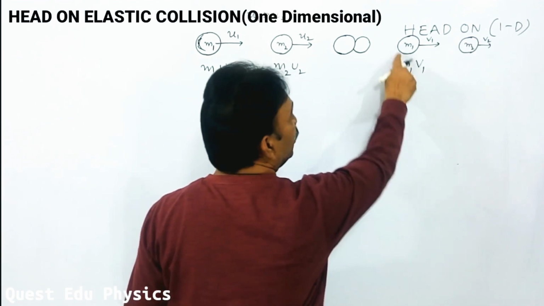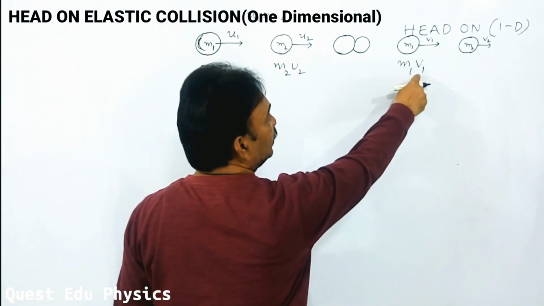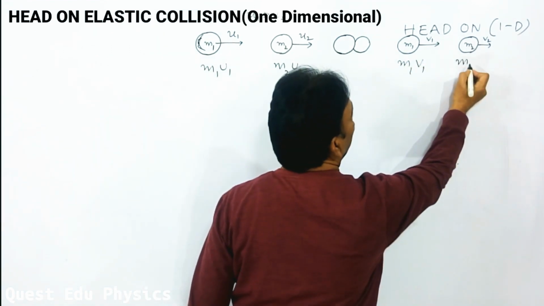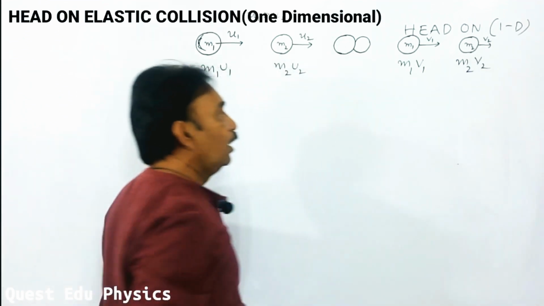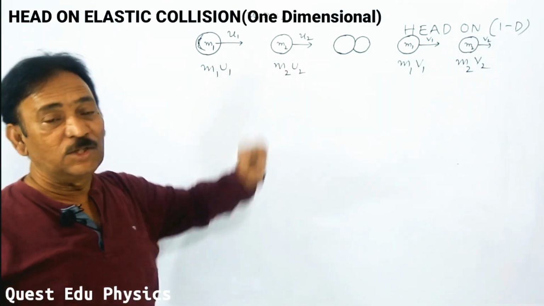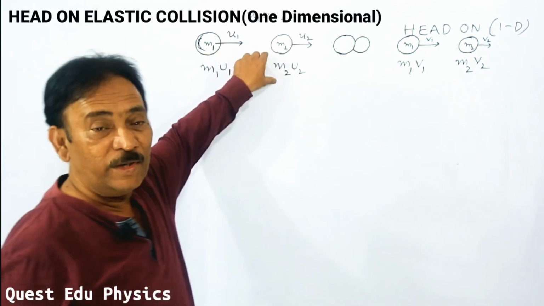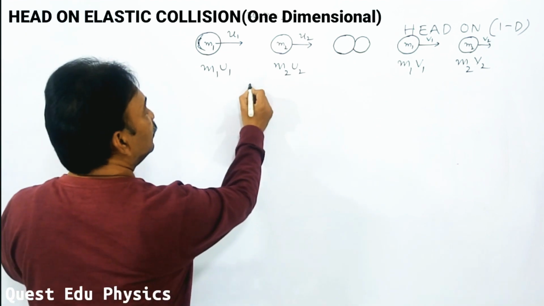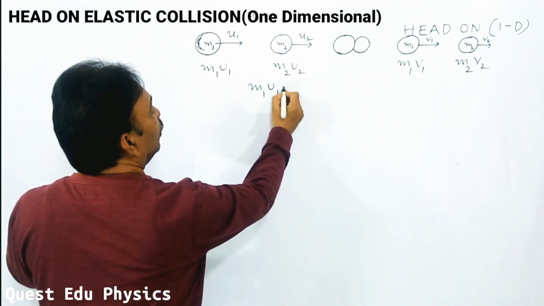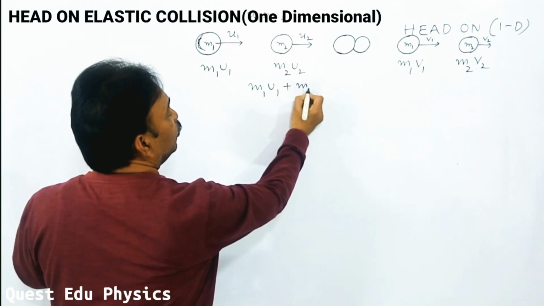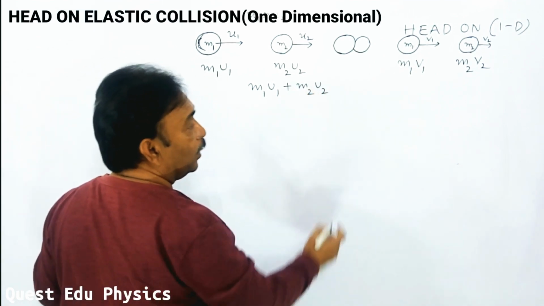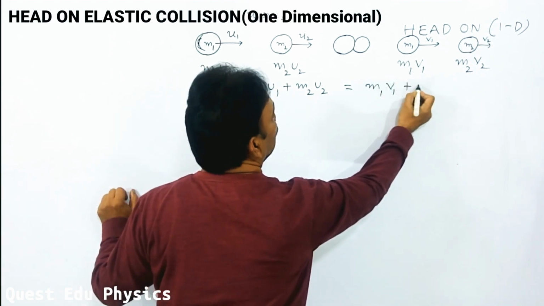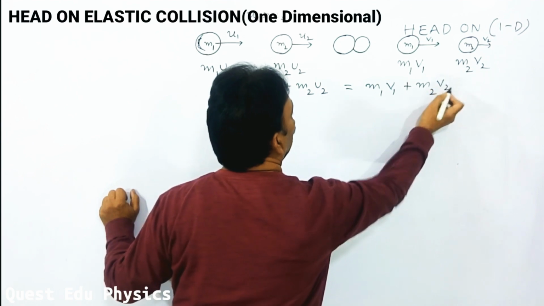The final momentum is m1 v1, since its velocity has changed from u1 to v1, and similarly m2 v2. According to the statement, the sum of the initial momentum must be equal to the sum of the final momentum. Then we can write m1 u1 plus m2 u2 is equal to m1 v1 plus m2 v2.